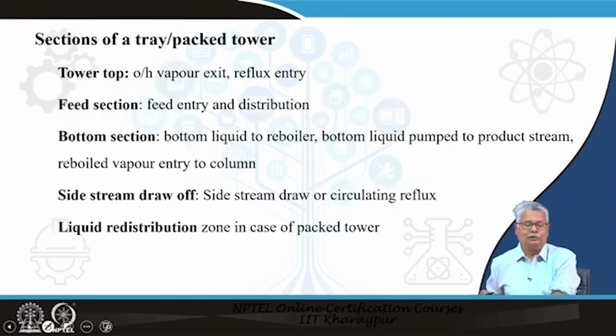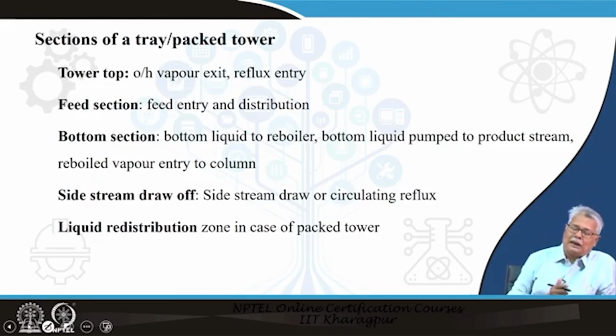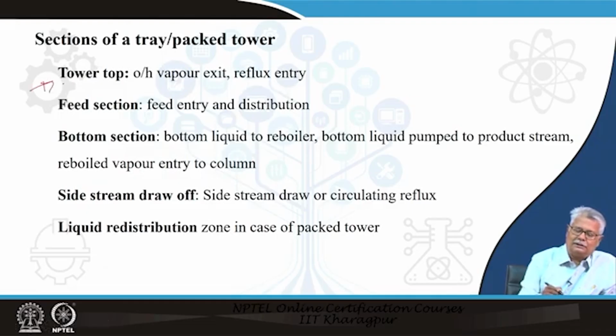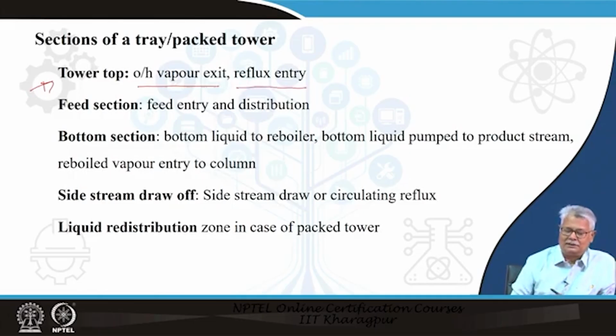When we talk about the different sections of a tray or packed tower, we have to have the details of the different sections. We focus on the sections which are common for all types of dispersers, and in the case of a packed tower also. You have to focus on the tower top, which will contain the overhead exit and the reflux entry arrangement.